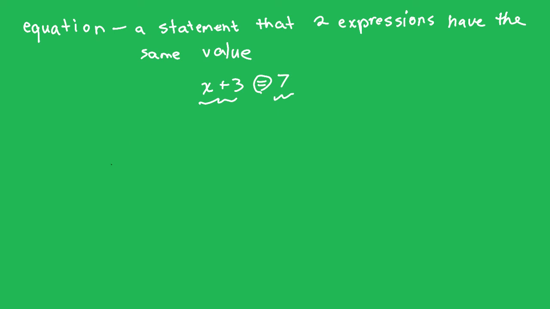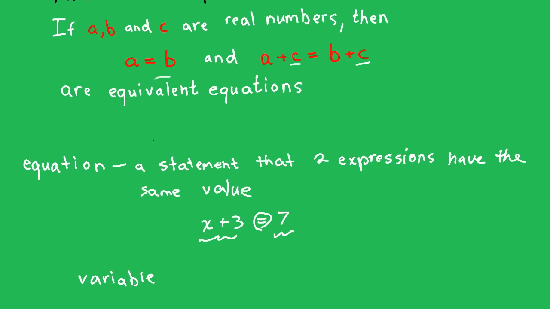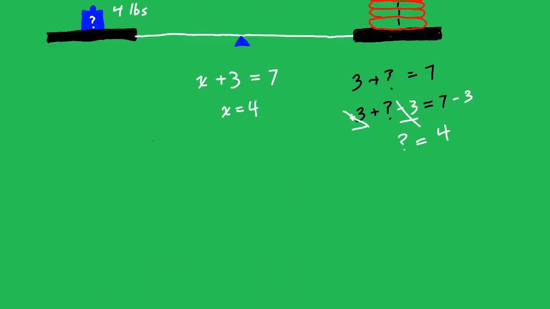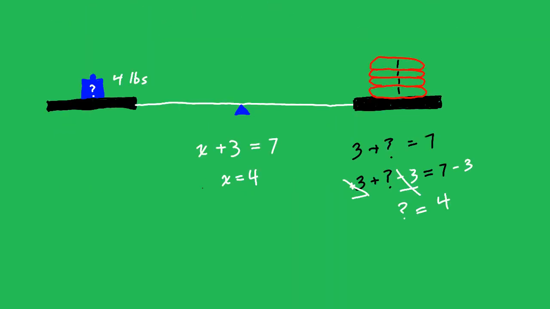The unknown weight we had was the variable. Remember that a variable is used to represent an unknown amount, in this case the weight of the unknown weight. So you see here we used either x or question mark, and that was used to represent the unknown weight.